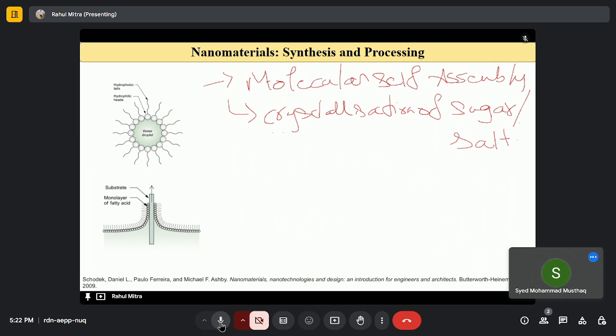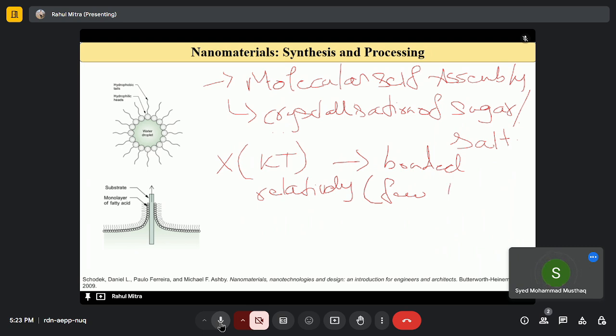The self-assembly is bonded relatively weakly, and will have an energy which is just a few times kT, where k is the Boltzmann constant and T is the temperature.